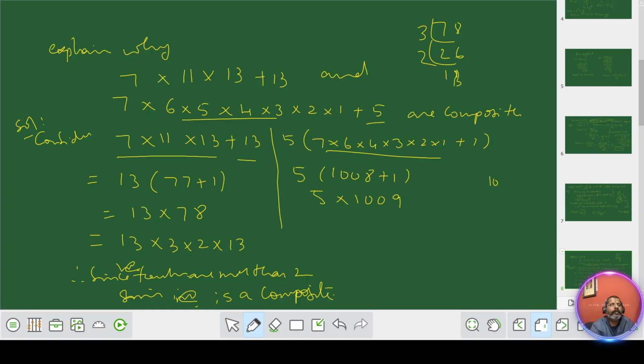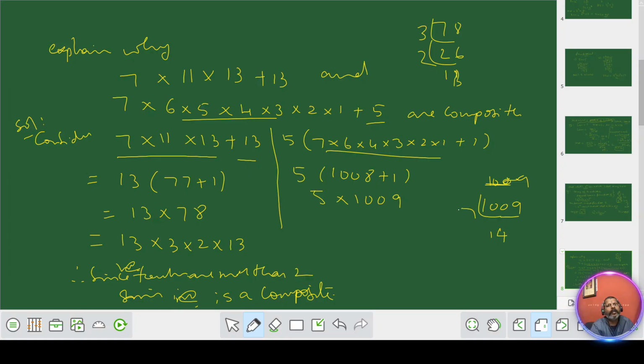Let's check whether 1009 has any factors. 7 1s are 7, 3 remaining, 30. 7 4s are 28, 2 remaining.